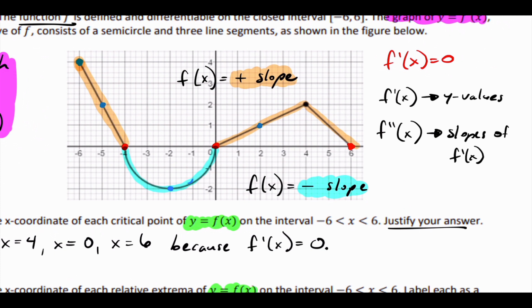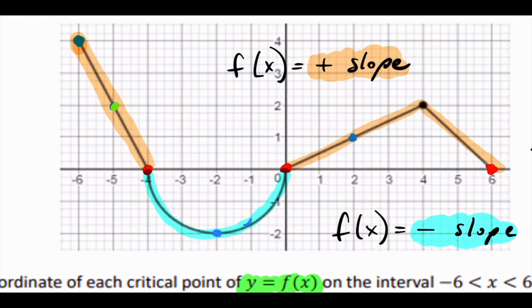All right. So for example, let me use a color I haven't used yet. Green. Let me change this dot. That green dot, light green dot I just made. If I'm talking about F double prime, I'm talking about the slope of that dot. So at -5, it's part of this guy here.